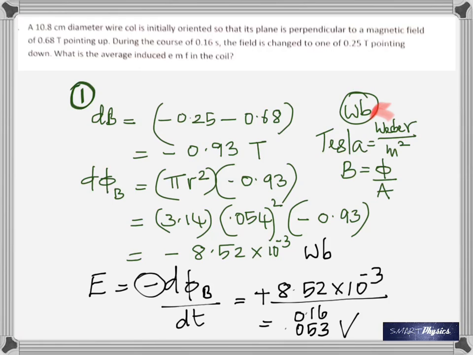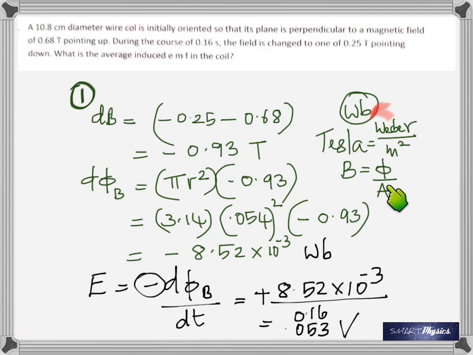Now, magnetic field is a vector. So if the direction changes, that means it has changed from positive to negative. And that is why you have the change in magnetic flux density as minus 0.25 minus 0.68, which gives you a total change in field strength.